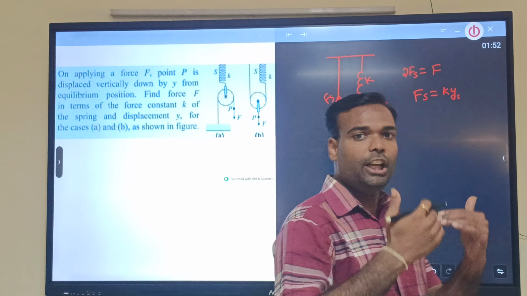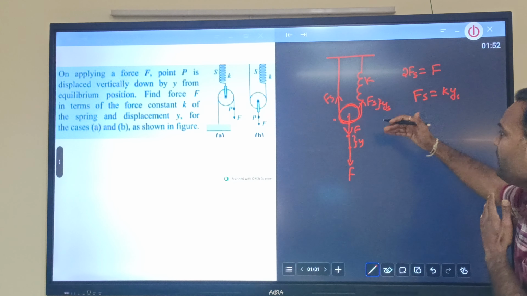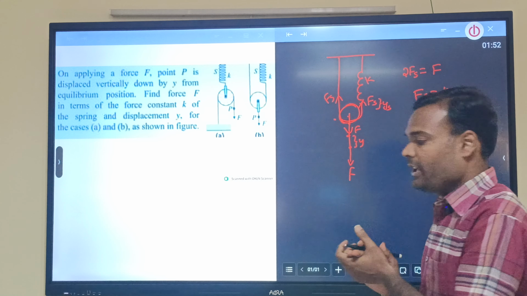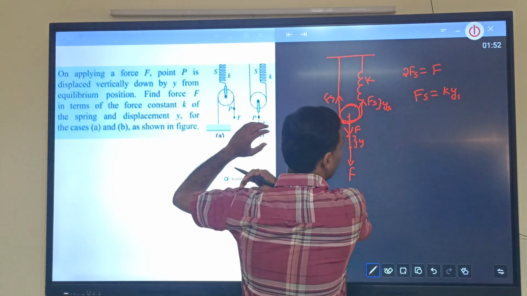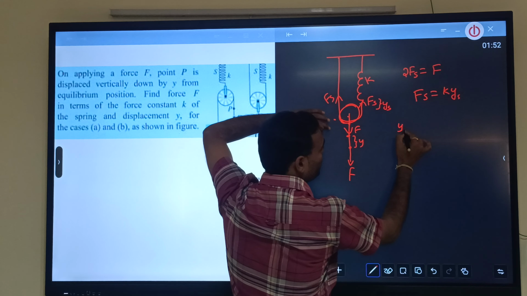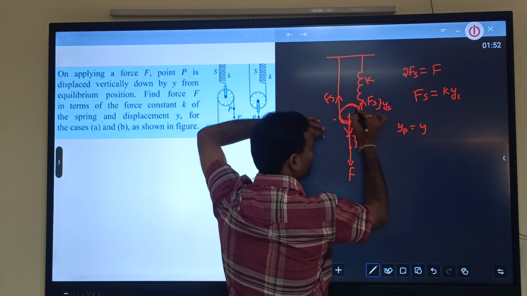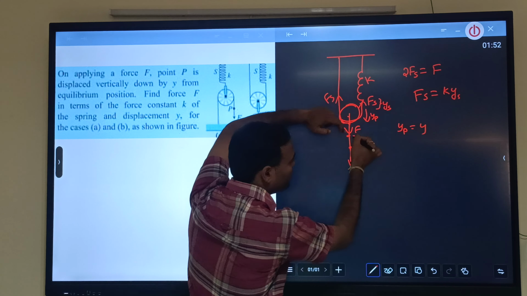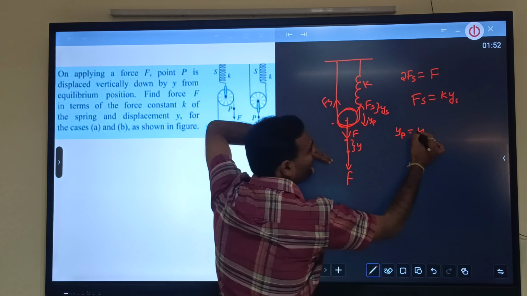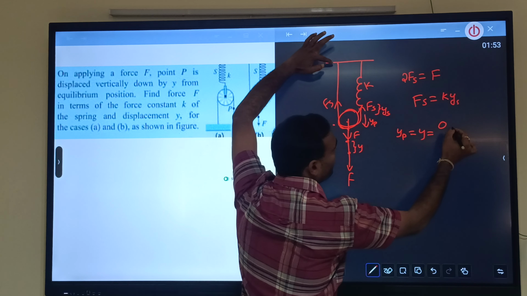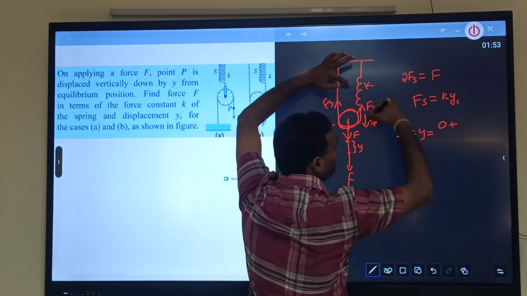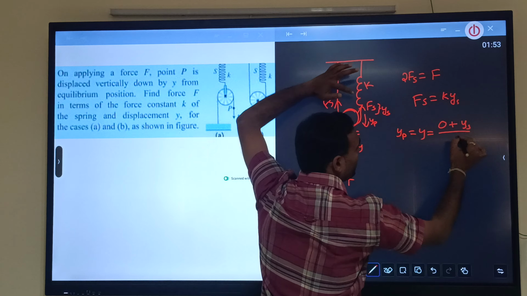Now again we need to relate the y value and ys value, and again with yesterday's constraint relation concept we can write. See very properly, y pulley is equal to y, the pulley displacement, which is equal to the displacement of the object. So y is equal to 0, it is attached at this end, plus the extension in the spring, ys by 2.